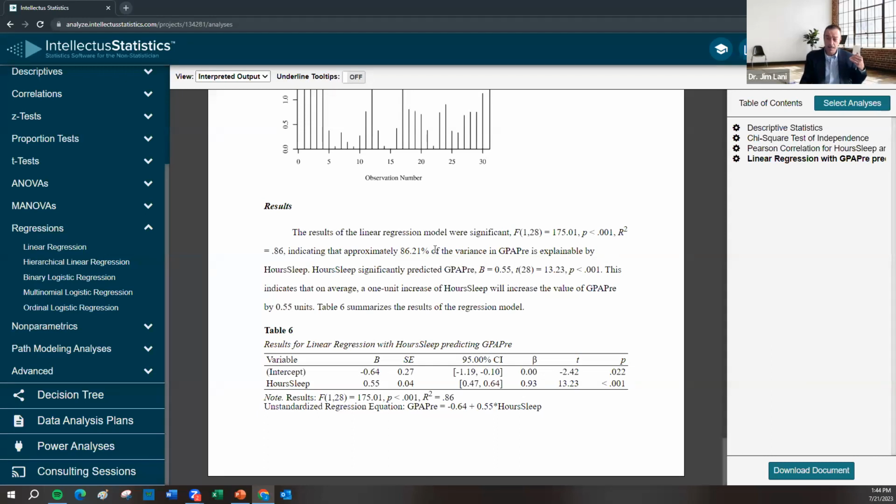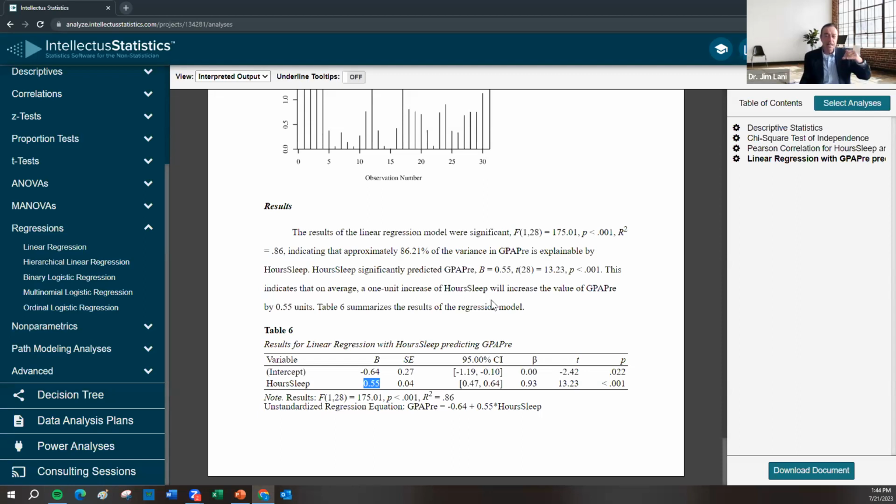When a model is significant, that is, sleep predicting GPA pre, then I want to interpret that beta coefficient. And we do that down below. So we say, well, gosh, sleep does predict GPA, but how does it predict? What is the impact of this? Well, this is the impact.